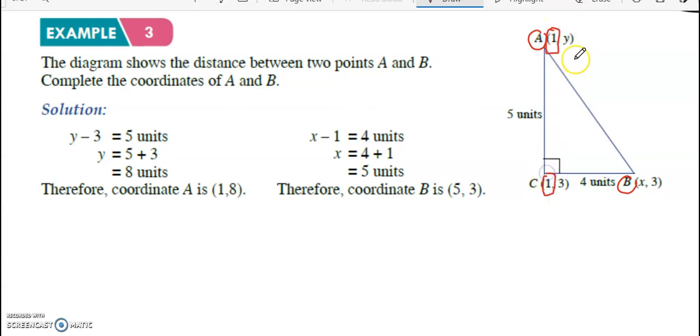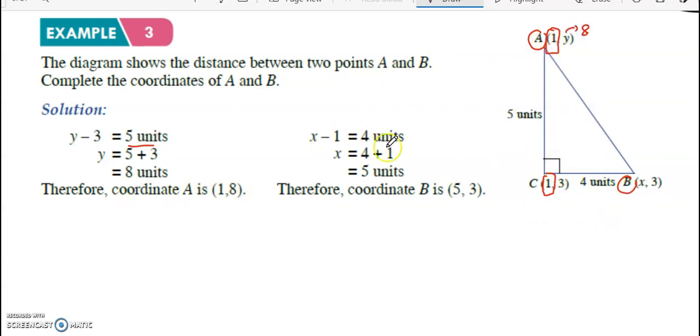Jadi kita akan usik yang berlainan, which is y coordinates. Hint dia kat sini, kalau coordinate sama jangan usik, kita ambil yang berlainan saja. So, maknanya y minus 3 akan equal dengan 5 units. So, y equal to 5 plus 3. Therefore, coordinates A is 1, 8. Sebab 8 tolak 3 sama dengan 5 units.